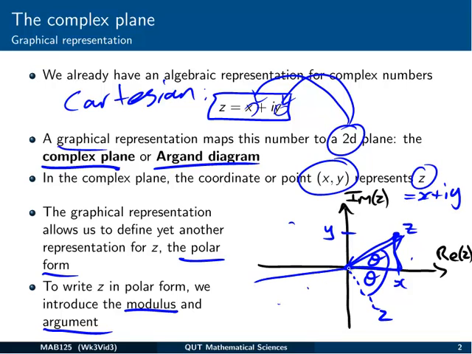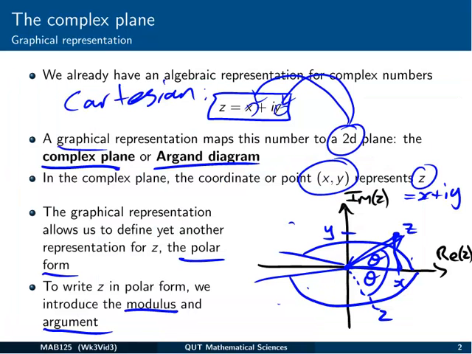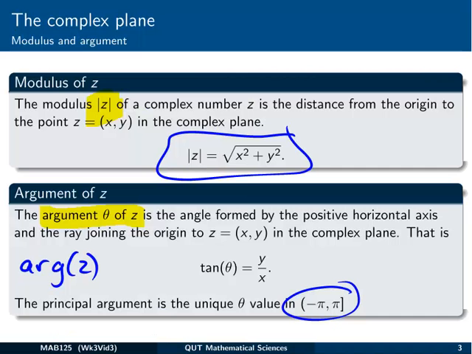If I was over here, I'd be talking about this big angle, and if I was over here, talking about this angle back here. Sometimes we give values between 0 and 2 pi. I tend to give values between minus pi and positive pi, basically just because of the way I've drawn this picture here. But really, it depends. Different textbooks do it in different ways, and it doesn't really matter, as long as you're clear about which one you're using.